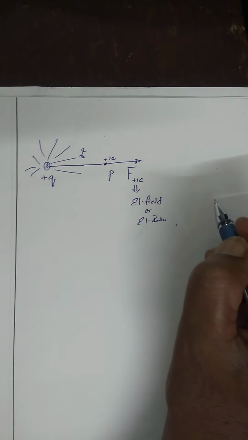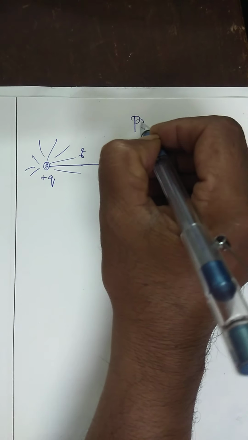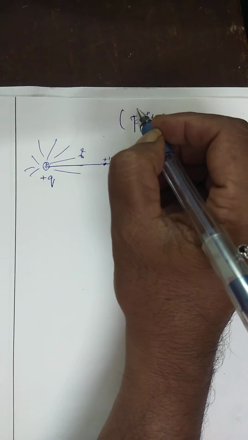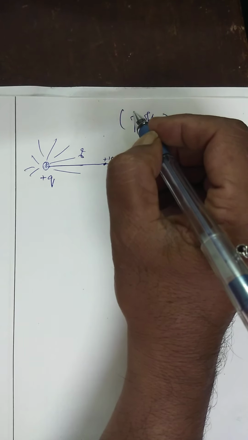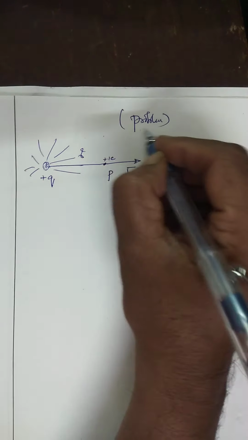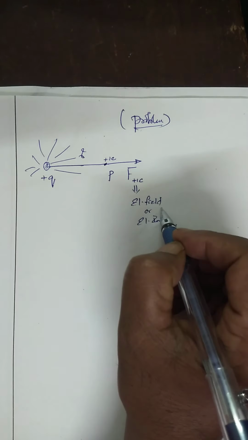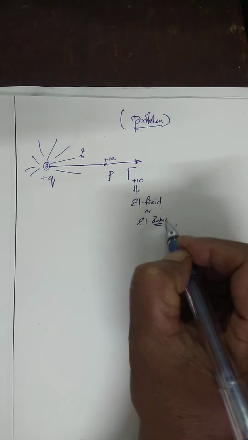What is electric intensity? What is the formula for this? This force acting on a unit charge is nothing but electric field or electric intensity.